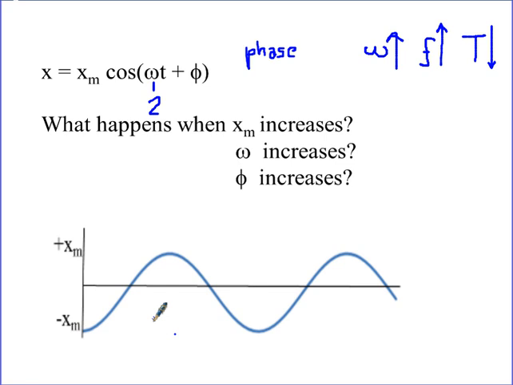So our graph would then look like, see, I want to be back here, would look like this, that it would get through 2 periods in the time before it took to get through 1 period. That would be an increase in the frequency.